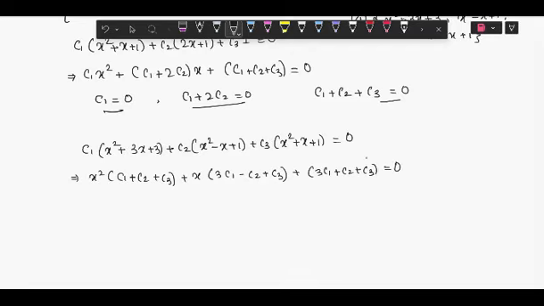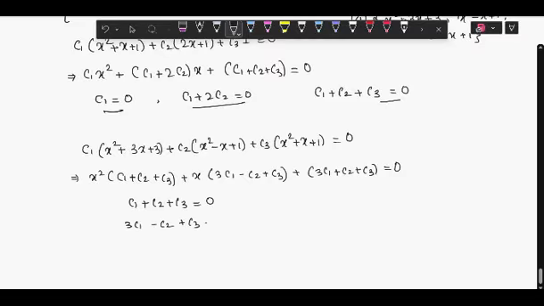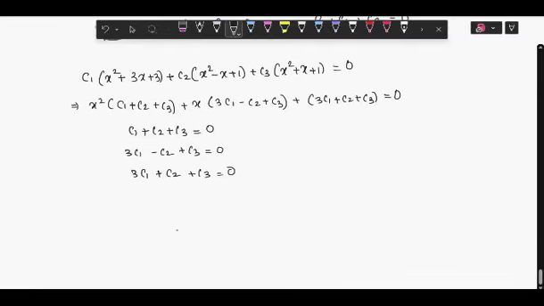This is equal to 0. Again, if we equate the like powers of x, we have C1 plus C2 plus C3 equal to 0, 3C1 minus C2 plus C3 equal to 0, and 3C1 plus C2 plus C3 equal to 0. Now, this system has a non-null solution if the coefficient determinant is 0, and it has only the null solution if the coefficient determinant is non-zero. So let's consider the coefficient determinant: 1, 1, 1; 3, minus 1, 1; 3, 1, 1.